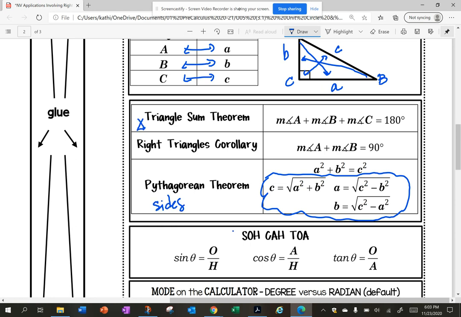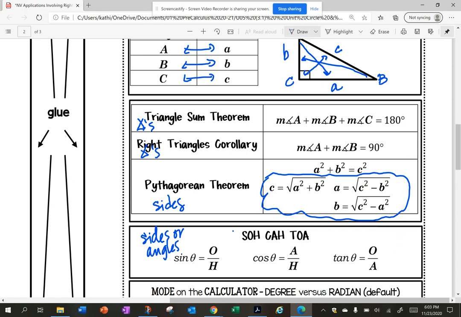Triangle sum theorem, it's an angle. And then SOHCAHTOA, trig, is sides or angles. Sine is the opposite leg over the hypotenuse. Cosine is the adjacent leg over the hypotenuse. And tangent is the opposite leg divided by the adjacent leg.